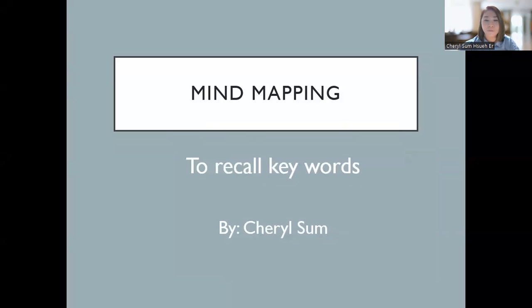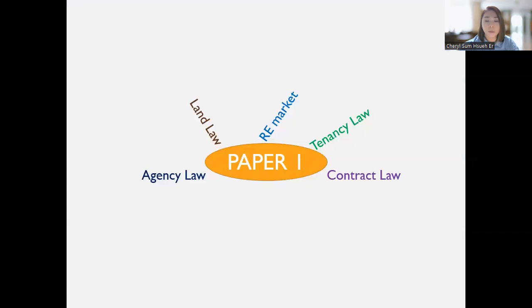So it's difficult for us to map these keywords to the key contents or topics that appear in the examination. These were the few things that I can categorize the content of paper one into, by and large.